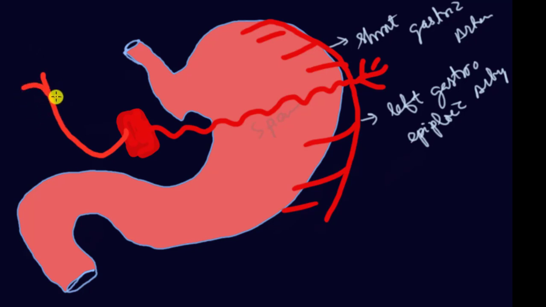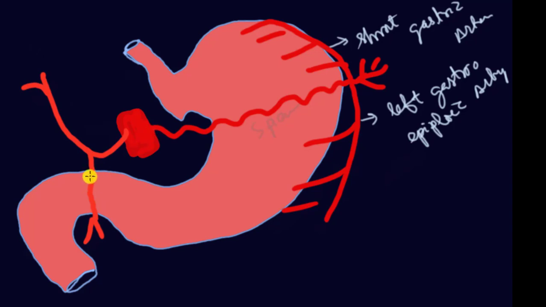From this common hepatic artery, one artery descends downward behind the duodenum and goes in this way towards the pancreas. This is known as your gastroduodenal artery.